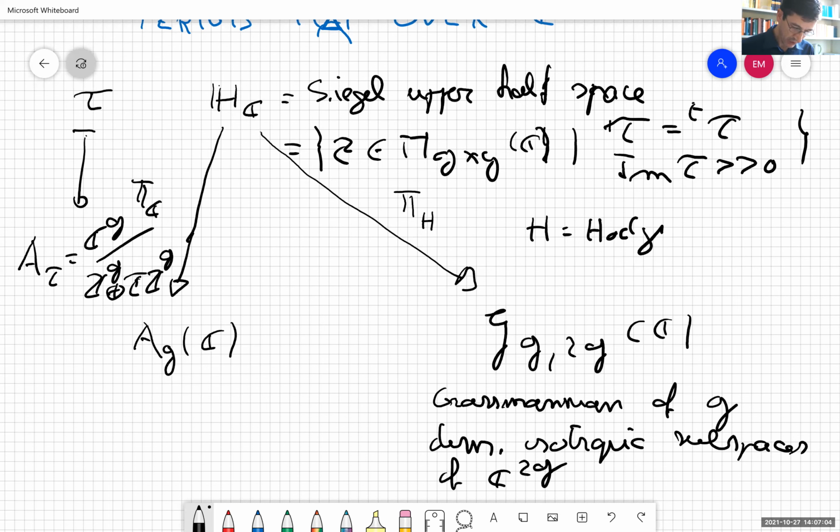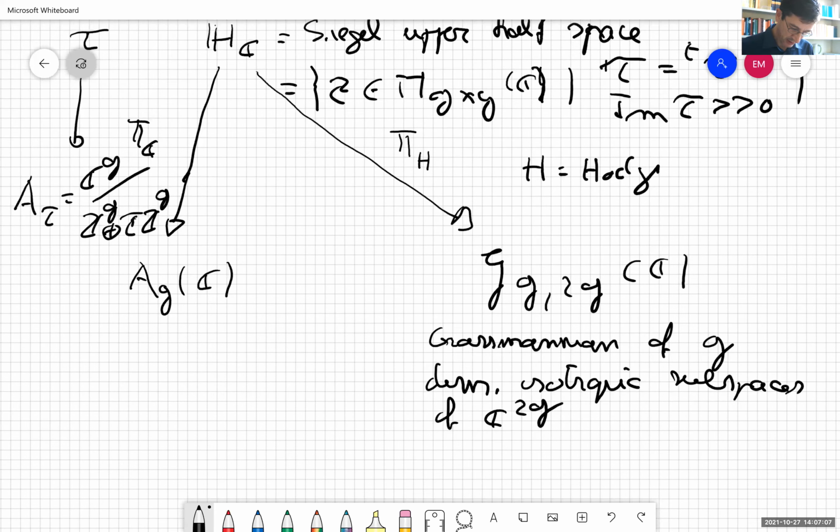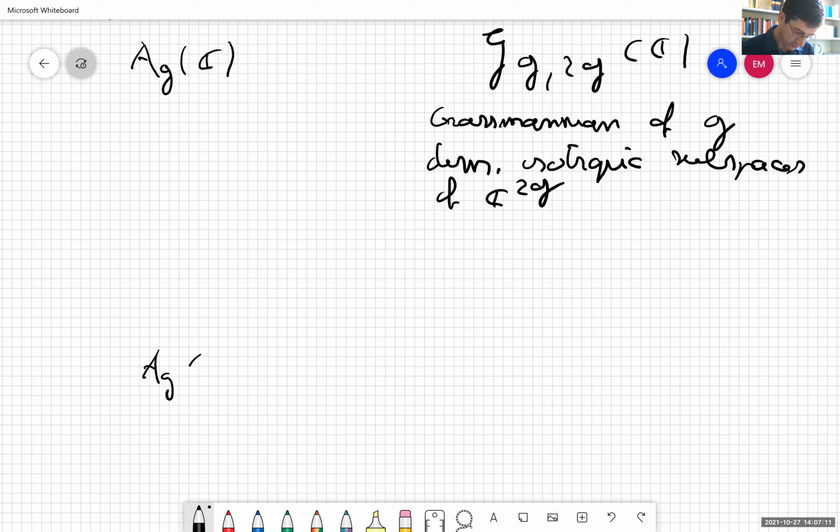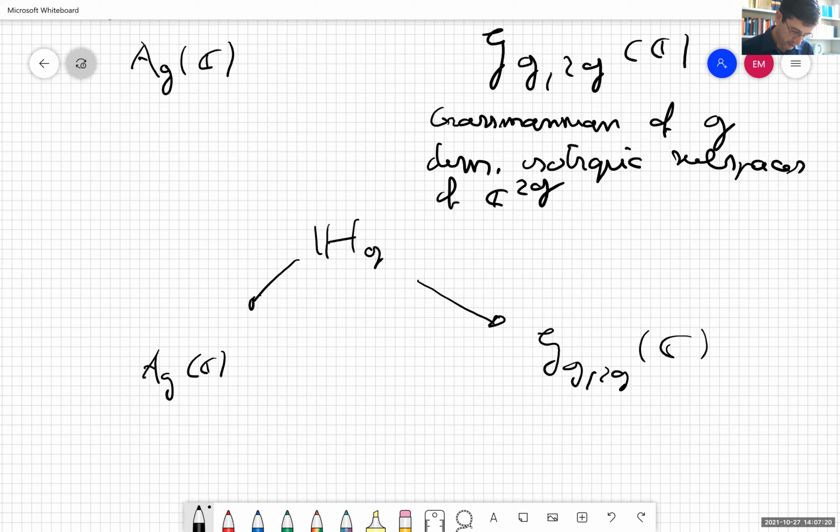Okay, and actually, let me reinterpret this diagram. Since we don't have blackboards, I have to rewrite my diagram. Because if instead of starting with a tau, I start with a principally polarized abelian variety, okay, what actually I can do is, and these are all the points in the fiber of this map pi, okay?